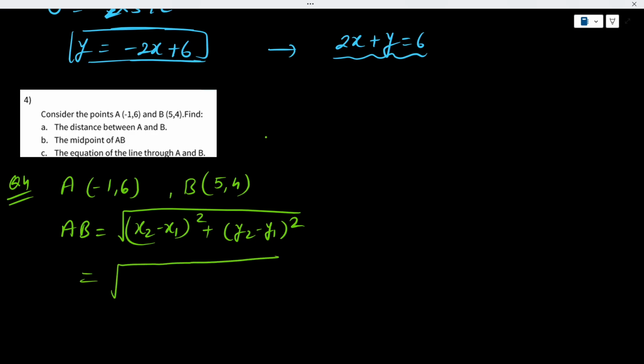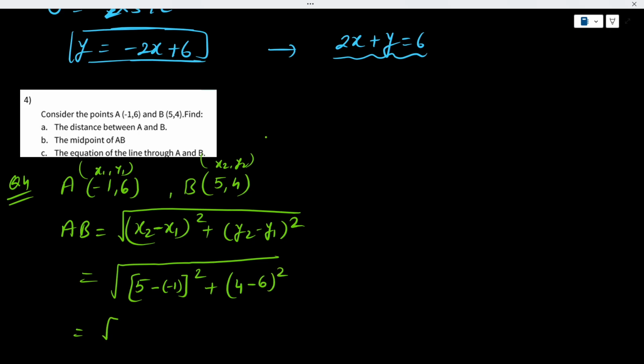So if I take this as x1 y1 and this as x2 y2, what can I take here? 5 minus of -1 whole square, because of the subtraction sign and x1 is -1, plus y2 which is 4 minus 6 whole square, right?